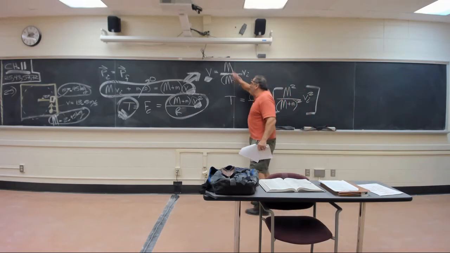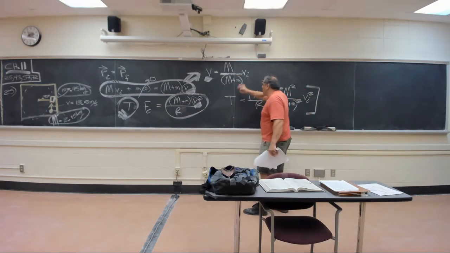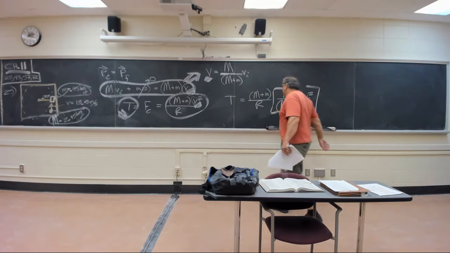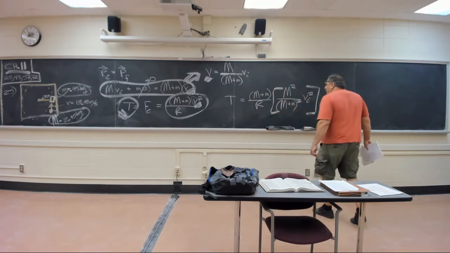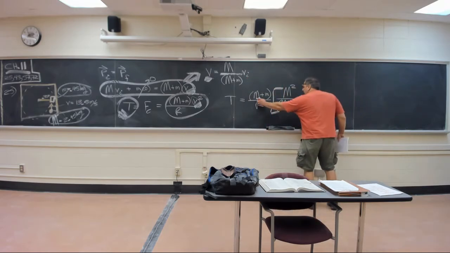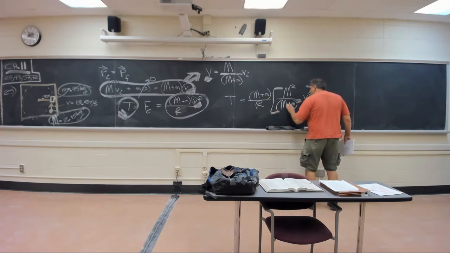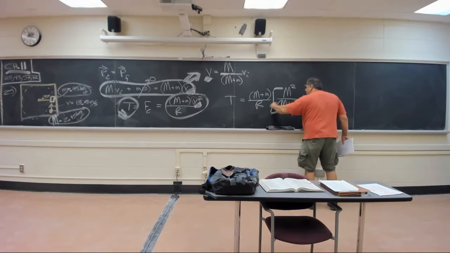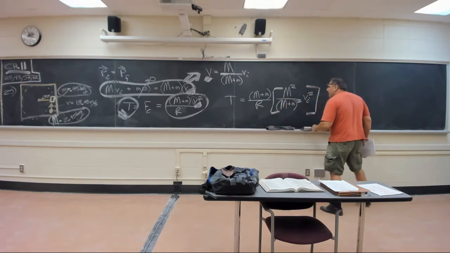So capital M squared, the quantity capital M plus small m squared, and V sub I squared. Everybody squared. All right, well, there it is. Capital M, the quantity capital M plus small m, and the quantity capital M plus small m here, that cancels, just leaving one of them here.